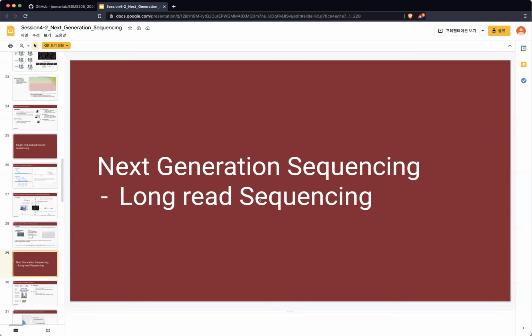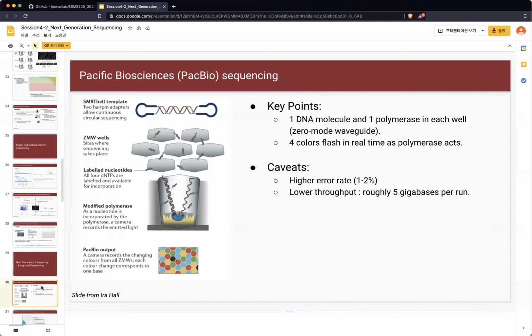So people tried to make longer reads, so we can utilize that information in genomic research, right? One of the first frontiers in this field is PacBio sequencing, and they also use a similar system to the others, right? But this time they modified their polymerase, so they can read much longer sequences than before.